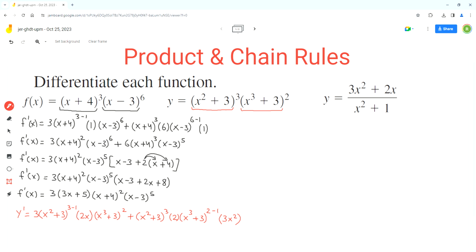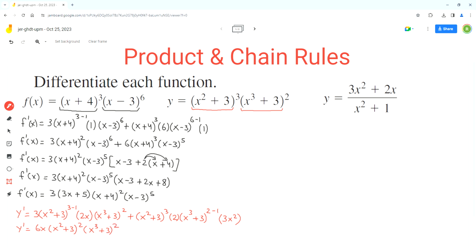Now we can simplify this expression. So in the first part we can multiply 3 by 2x, so we get 6x, and then (x squared plus 3) exponent 2, and then (x cubed plus 3) exponent 2.